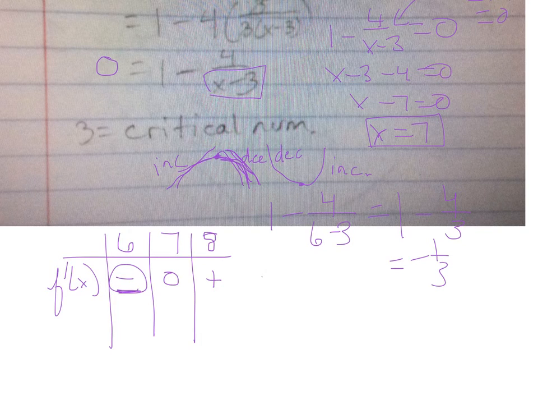For this function, it would be for all x less than 7 that we are decreasing, and for increasing, it would be for all x greater than 7, and for x at 7, we are at that 0 critical point where it's turning. So that's how you answer a question like that.